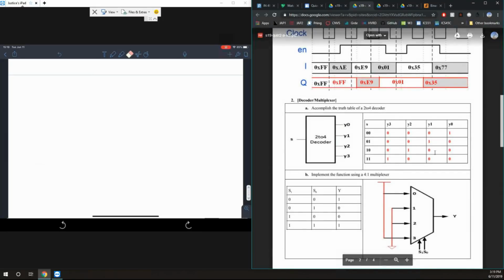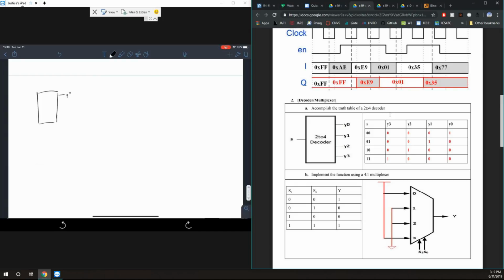For this one, yes, the triangles are a complement. Okay, so let's do part A real quick. It gives us a decoder, and it says you've got y0, y1, y2, and then y3, and you're given an s value, and you know it's 2 bits because it says 2 to 4, right?